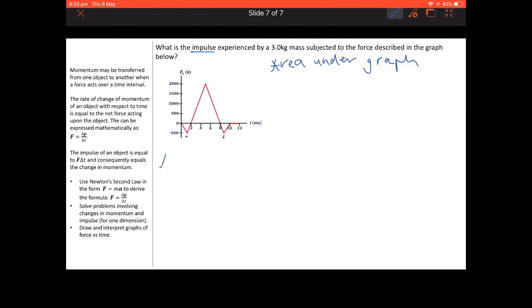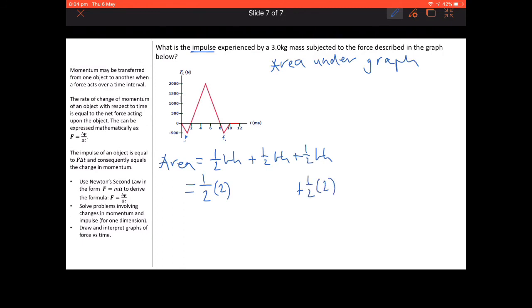So area is going to be equal to a bunch of triangles: half base height plus half base height plus half base height. The base of the first triangle is 2, and the base of the last triangle is also 2. So I'm going to fill those in.